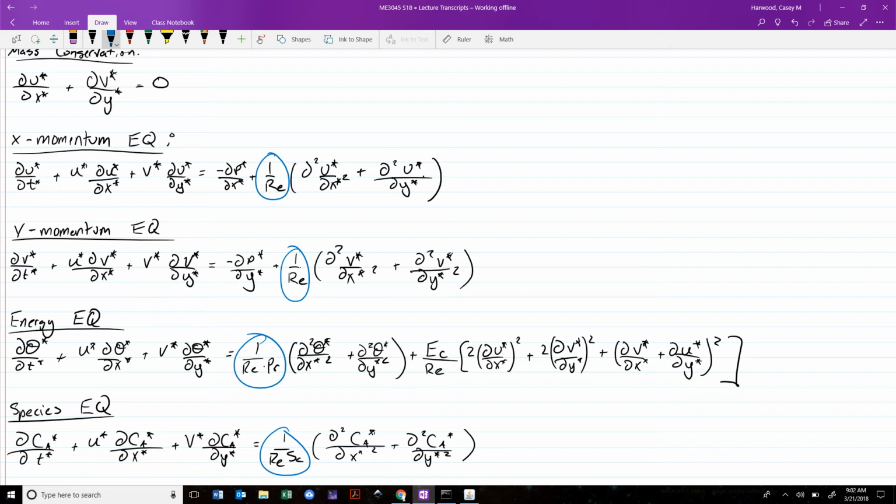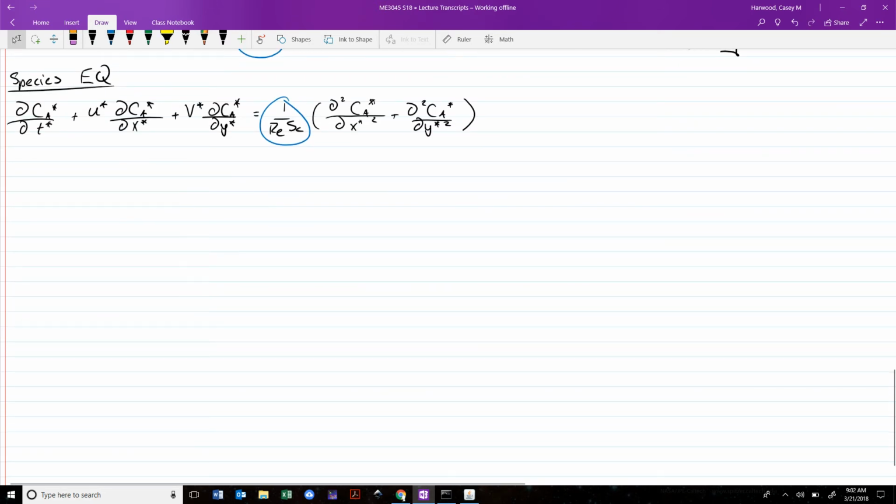So it makes sense to do a brief overview of what these terms are and how we would define these. Dimensionless groups.